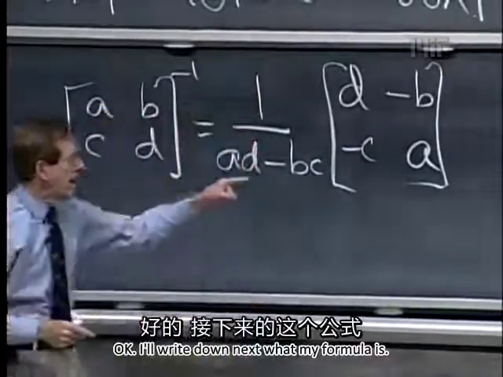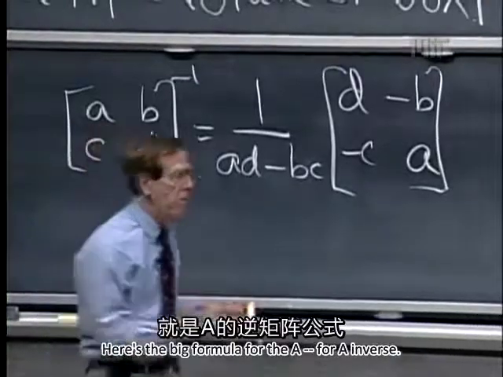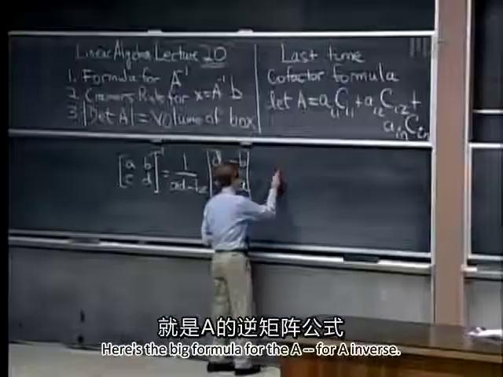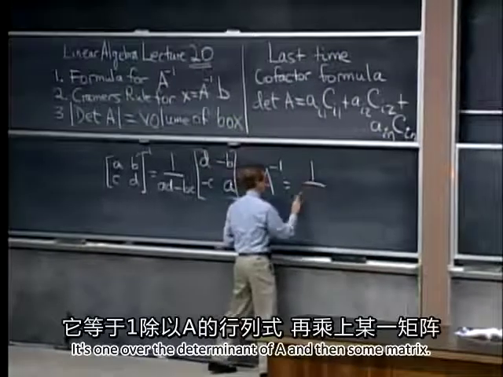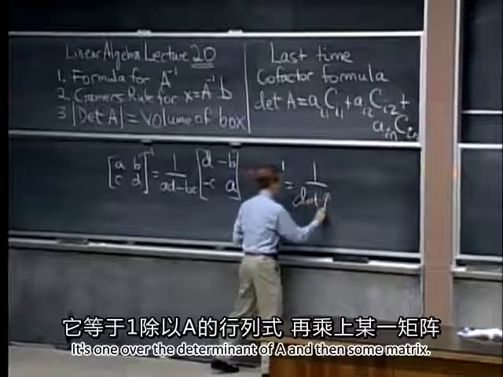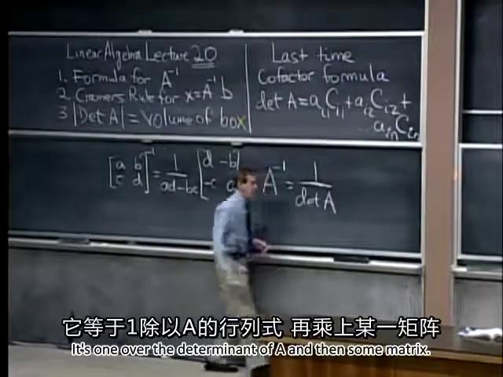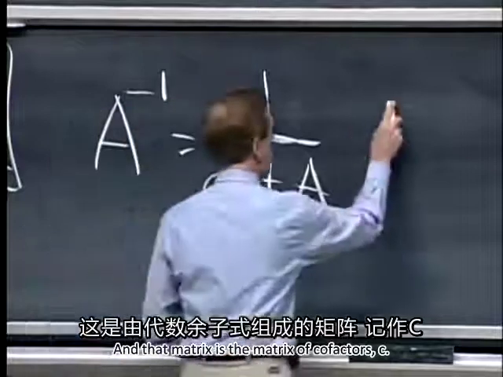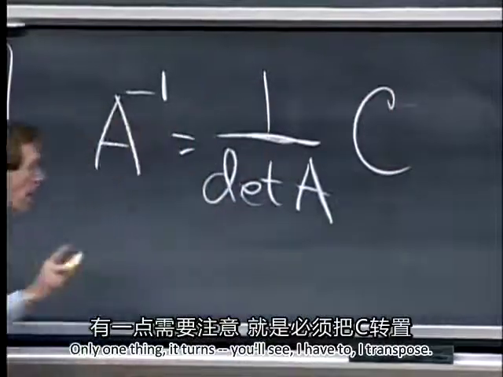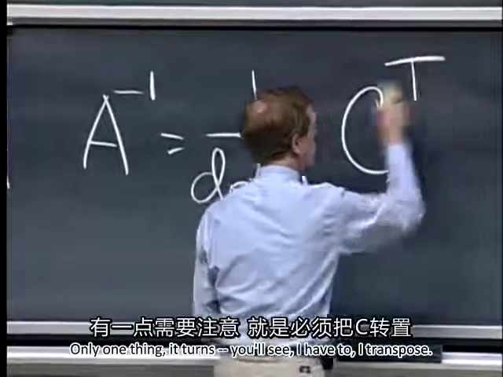Okay, I'll write down next what my formula is. Here's the big formula for A inverse. It's 1 over the determinant of A, and then some matrix. And that matrix is the matrix of cofactors, C. Only one thing, you'll see, I transpose it.